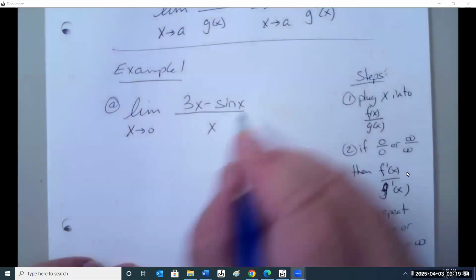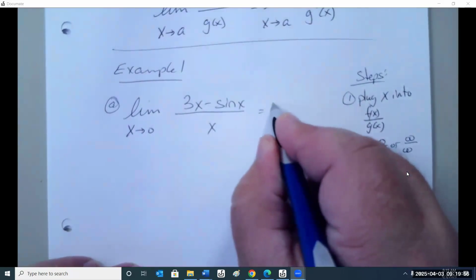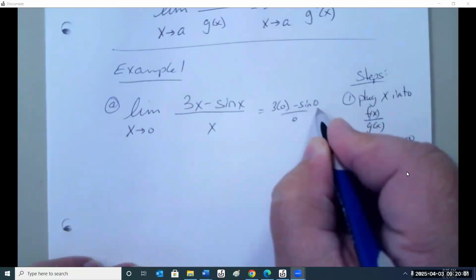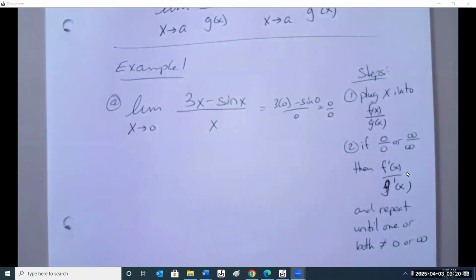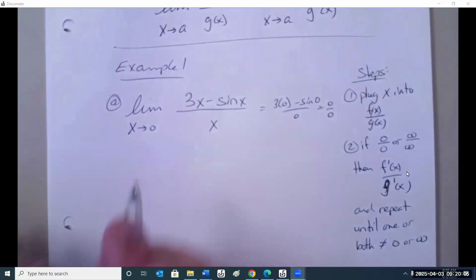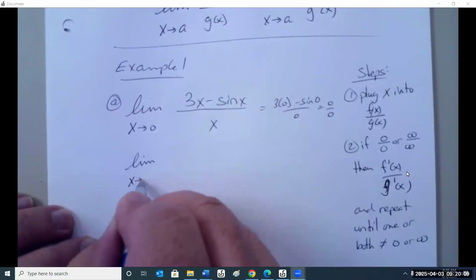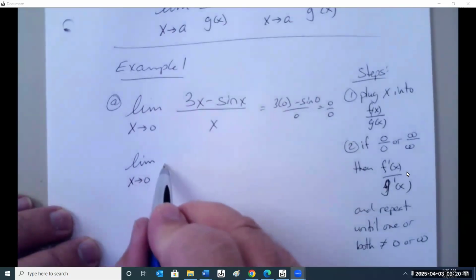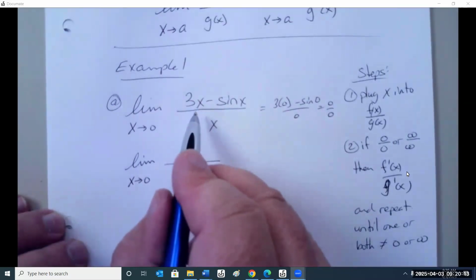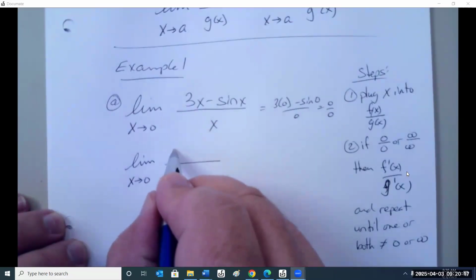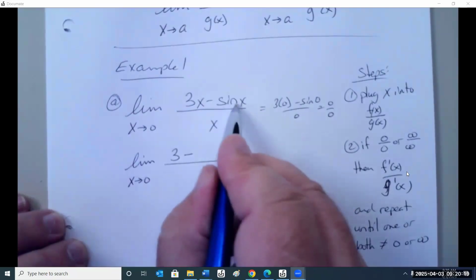All right, so in this one, if we plug in 0, we get 3 times 0 minus sine of 0 over 0, which is 0 over 0. So we take the derivative. What's the derivative of 3x? 3. Minus, what's the derivative of sine?